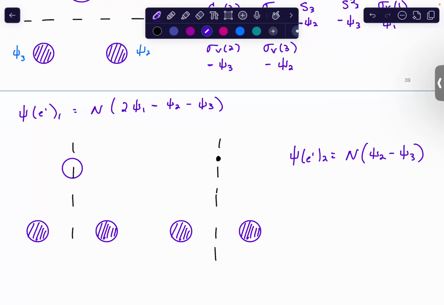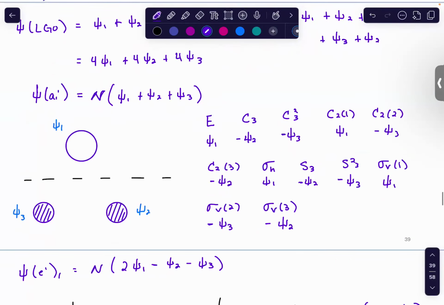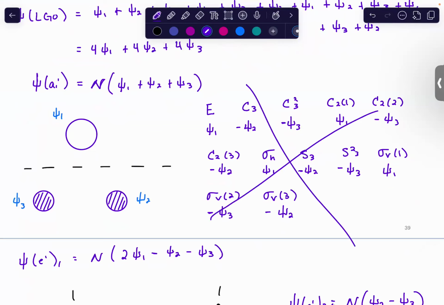Okay. So now we want to start thinking about how these come together. We're going to let orbitals with the same symmetry interact with each other.